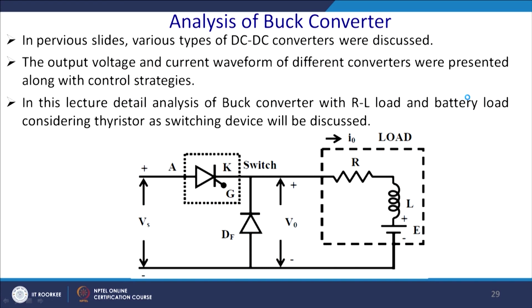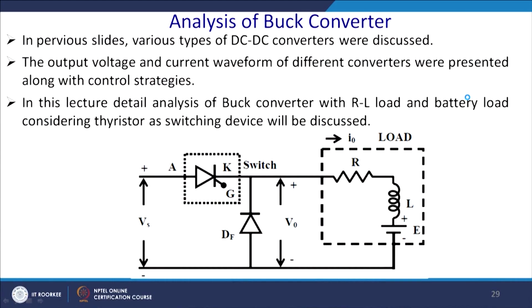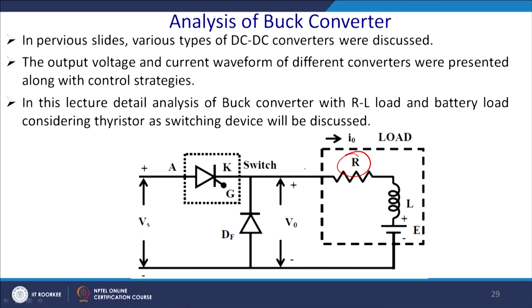Now, while discussing this control strategy, we shall apply it to the buck converter, and it is quite relevant. We have taken an RLE load. It may be that a buck converter or buck chopper is feeding a DC motor, a separately excited DC motor, where R can be the armature resistance, and this is the inductance part.